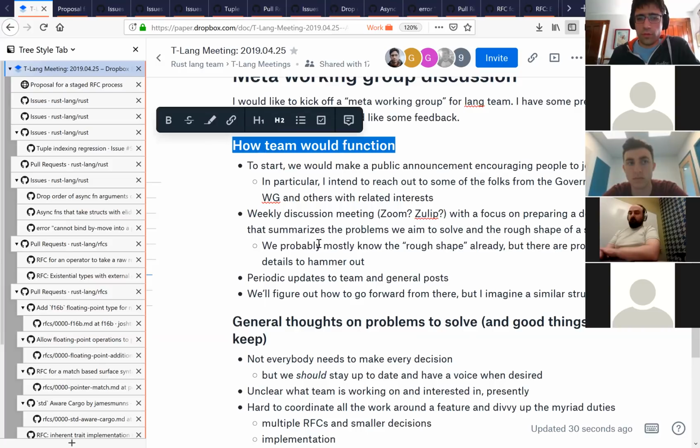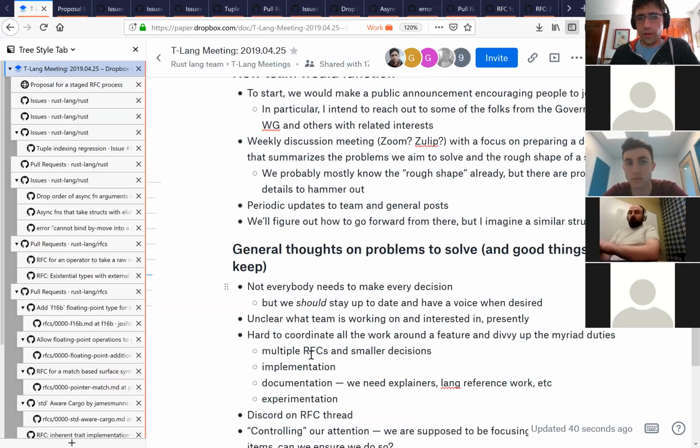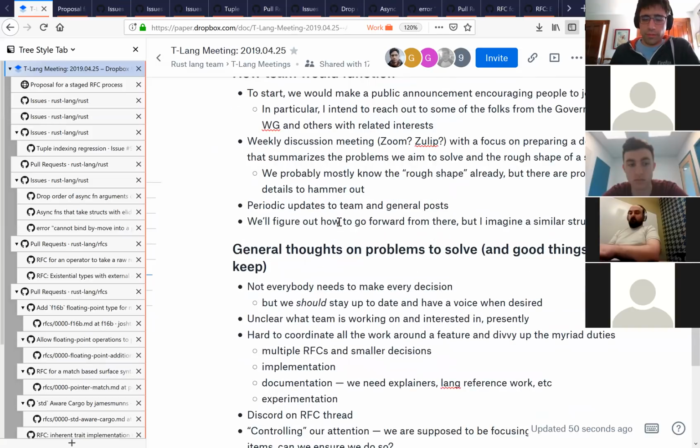As a way to get things started, because I've been spinning my wheels on how to actually get this working group transition going, it would be useful to have a discussion about what the procedure should be. The simplest thing I can think of is to start having some weekly meetings to just talk, basically, and hammer through some of the proposals.